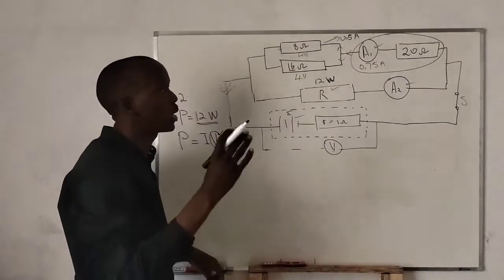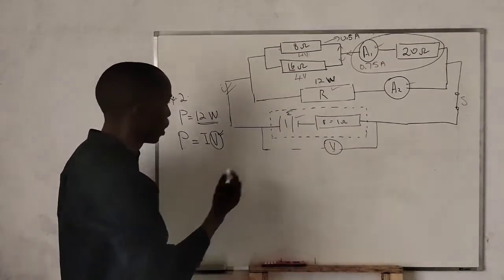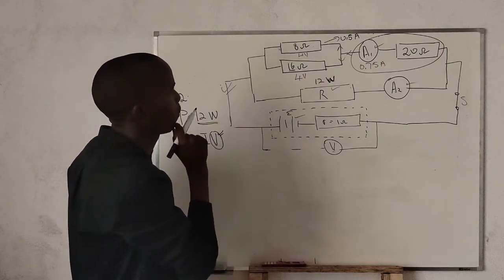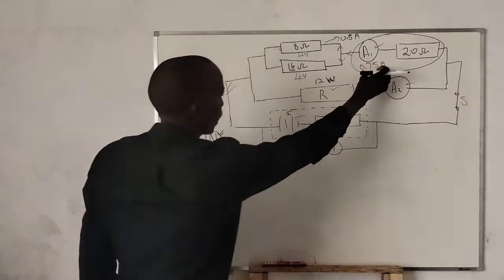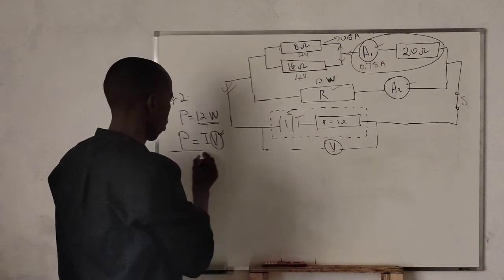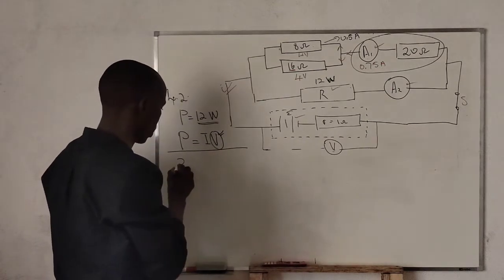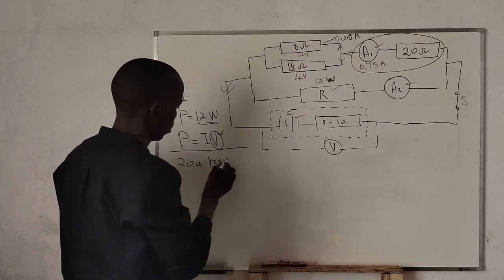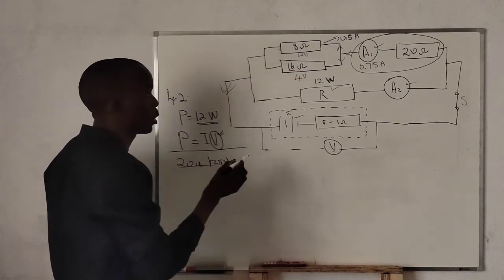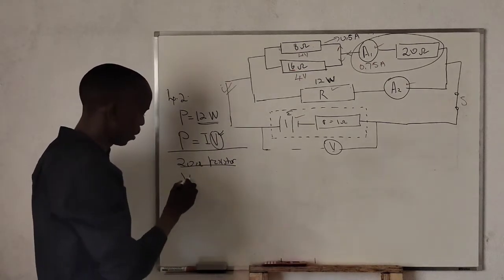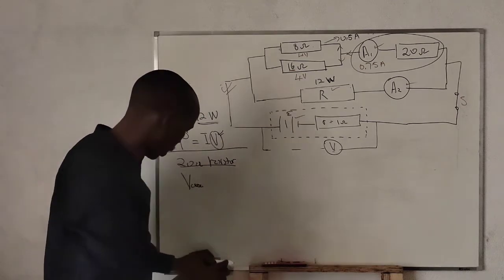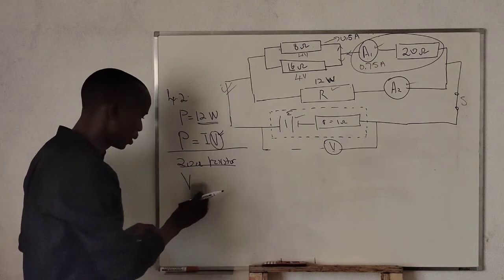And then what we have here, we have the current. So for the 20 ohm resistor, the voltage passing through the 20 ohm resistor is given by V equals I times R. Let me write that so that you can clearly see.